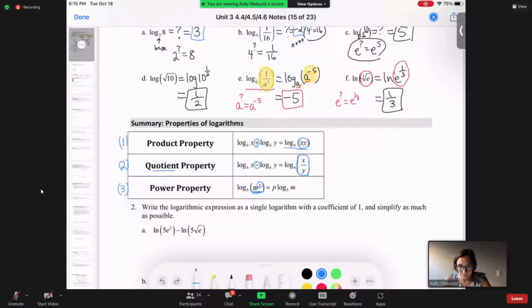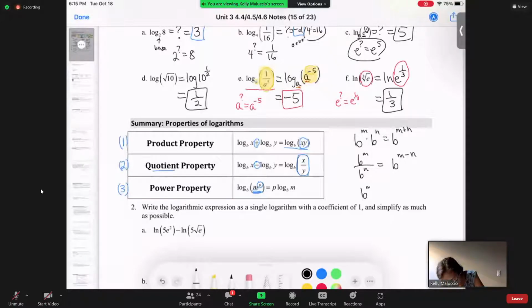And it's very similar, if you think about it, to multiplying if we wrote this in exponential form. If I had b to the m times b to the n, this is the same thing as b to the m plus n. So multiplication goes with addition, right? b to the m over b to the n is the same thing as b to the m minus n, right?